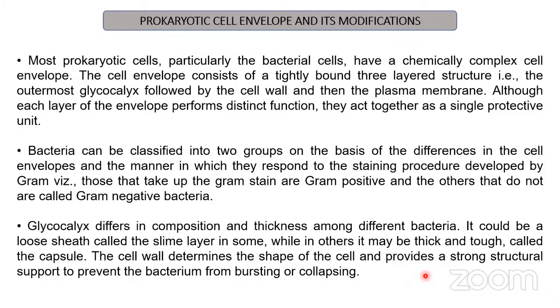Most of the main composition of the cell wall is the peptidoglycan and lipopolysaccharides, right? So there is a difference in the amount of the peptidoglycan versus the amount of the polysaccharide which is present in the gram positive versus the gram negative.